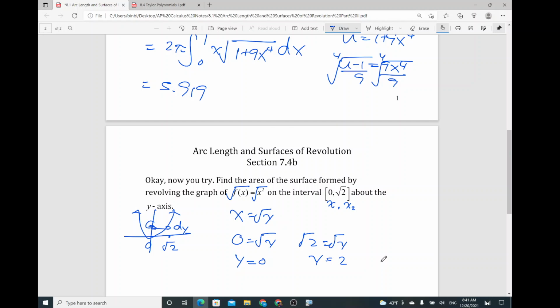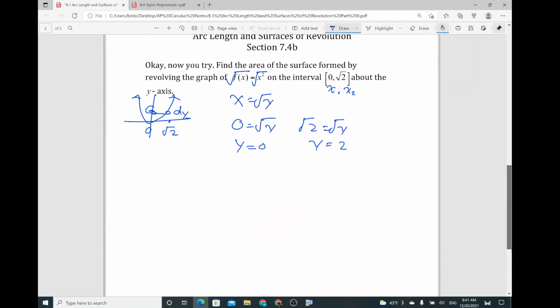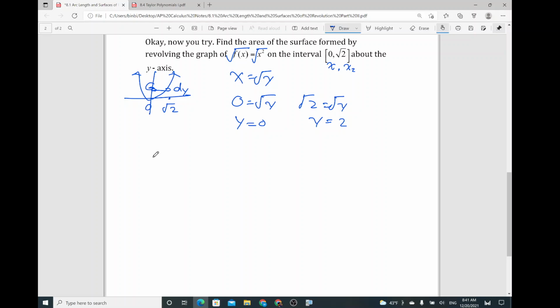Okay, so set it up. So 2 pi. Let me just get more space down here. So 2 pi, and this one is bounded from 0 to 2. And then the radius, again, there's no gap between the revolution axis and the curve, so that's just y.